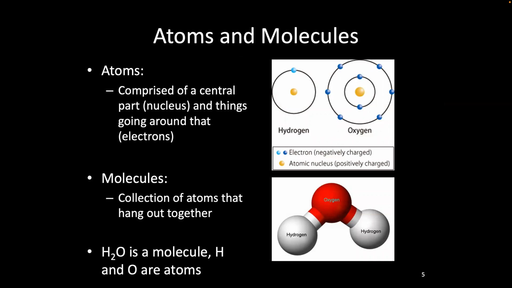Okay. So we talked about atoms and molecules. Atoms can be very complex, like oxygen, or very simple, like hydrogen. The important part here is that, for example, oxygen can change levels in the electron. So the absorption and the emission of light changes the energy levels in that atom.